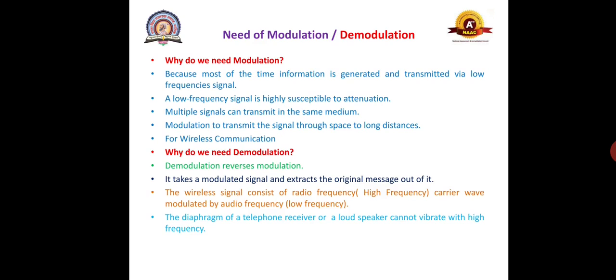Multiple signals can be transmitted in the same medium due to modulation. Modulation is needed to transmit the signal through space over a long distance, and it is required for wireless communication.